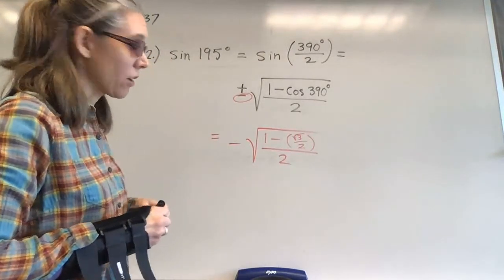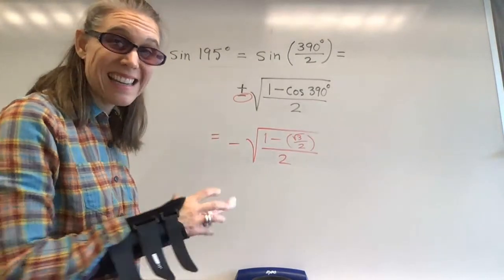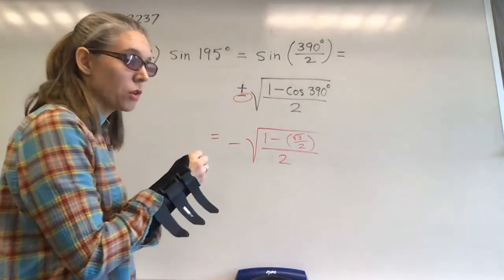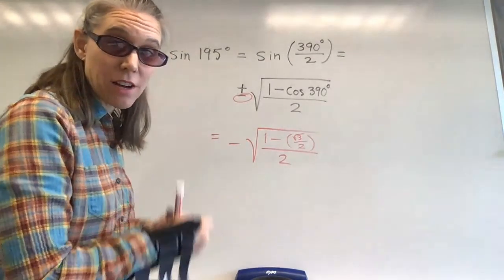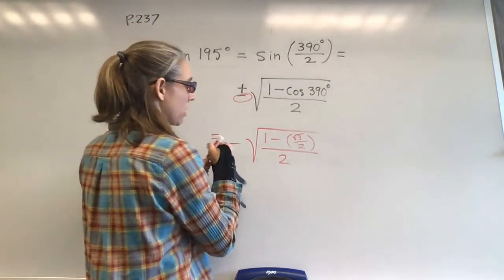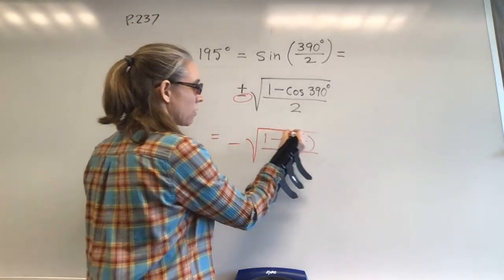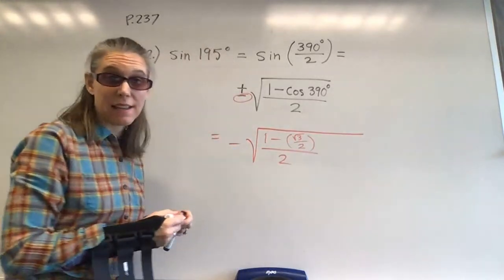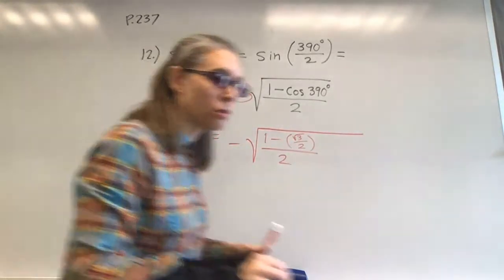Okay, so we have a complex fraction here inside of a radical. So when you're multiplying the numerator and denominator by 2 to clear the complex fraction, make sure that the radical gets extended to cover the 2, okay?